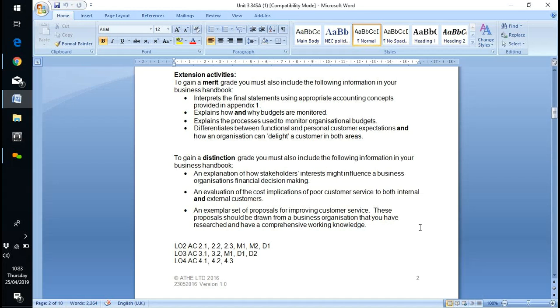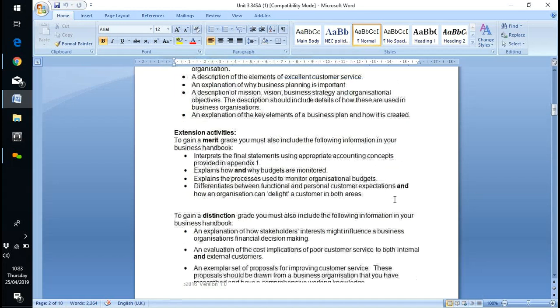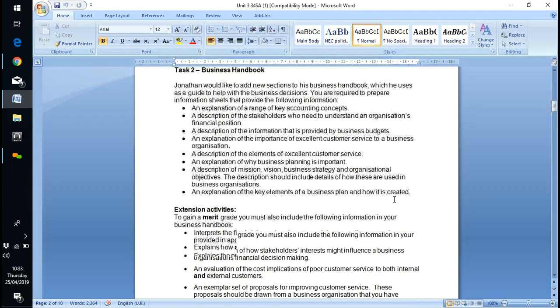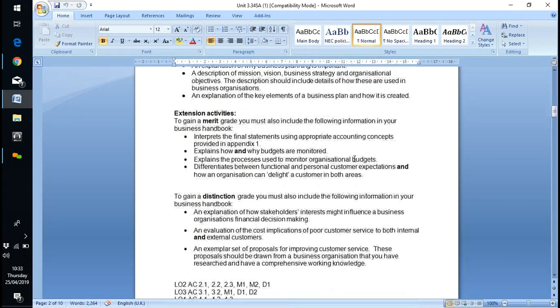An exemplar set of proposals for improving customer services, and these proposals should be drawn from the business organisations you have researched and have a comprehensible working knowledge of. So that covers LO2, 2.1, 2.2, 2.3, and the merit and distinction. LO3 is exactly the same, and it covers LO4, 1.1, 4.1, 4.2, and 4.3. So that is actually a big task 2.